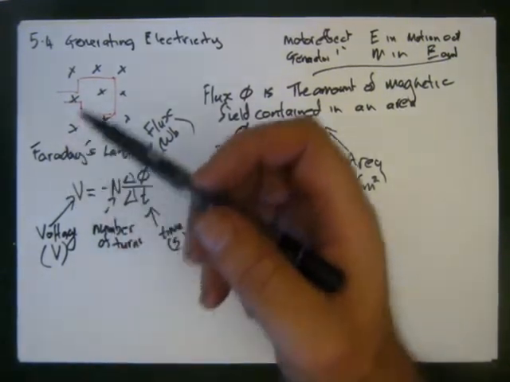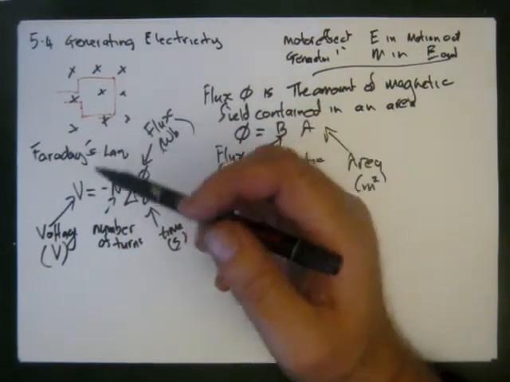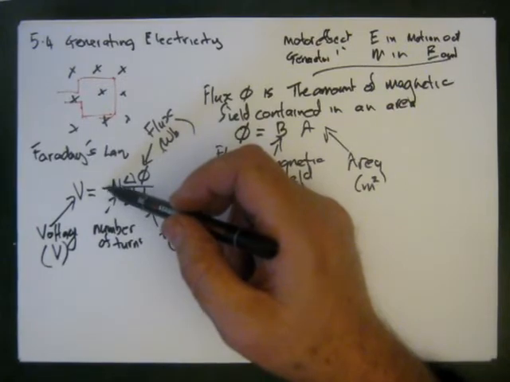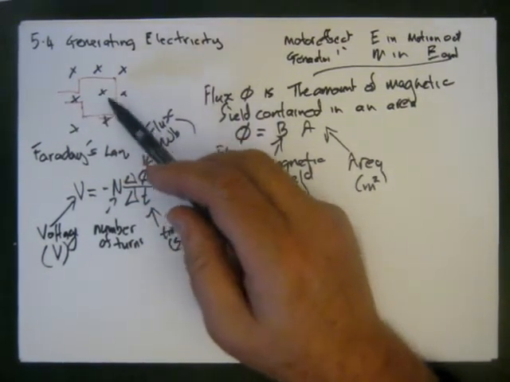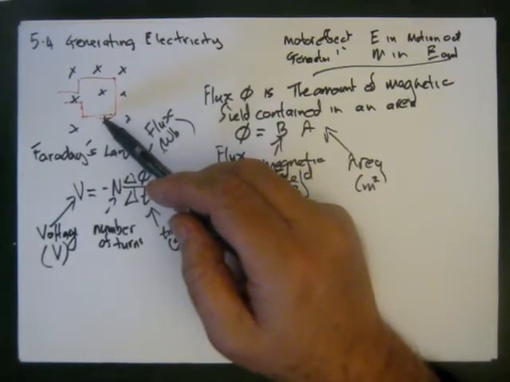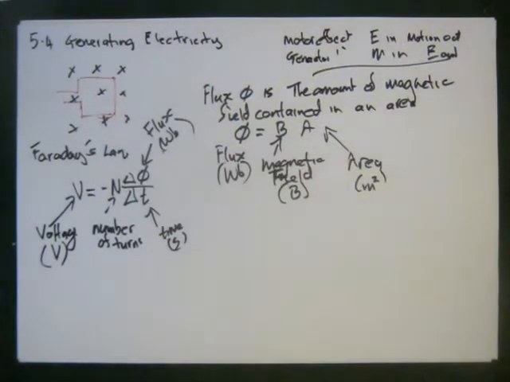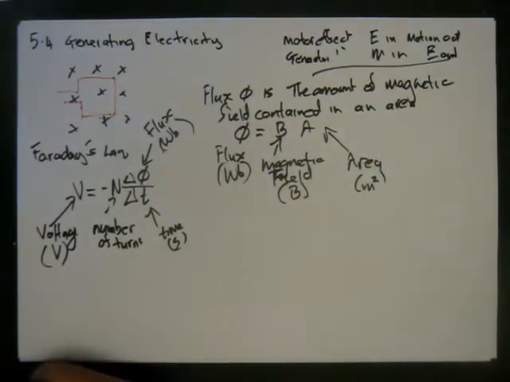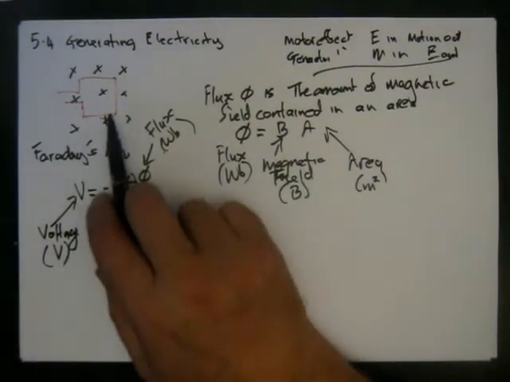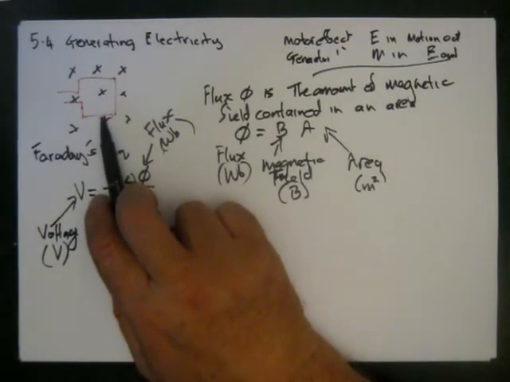So basically, the reason why it's negative is because the direction of this current is going to be such that it opposes the magnetic field. And Lenz's law basically says if you have a changing magnetic field, it's going to create a current.